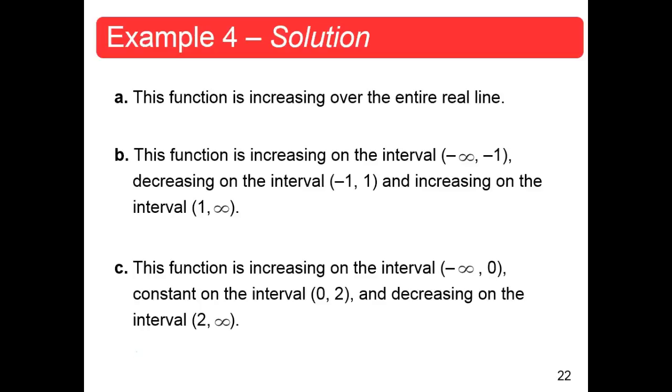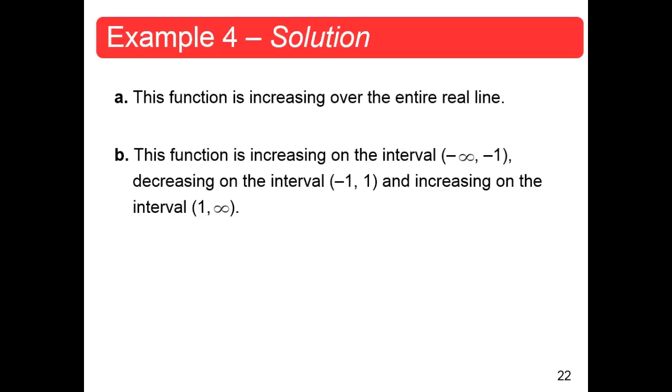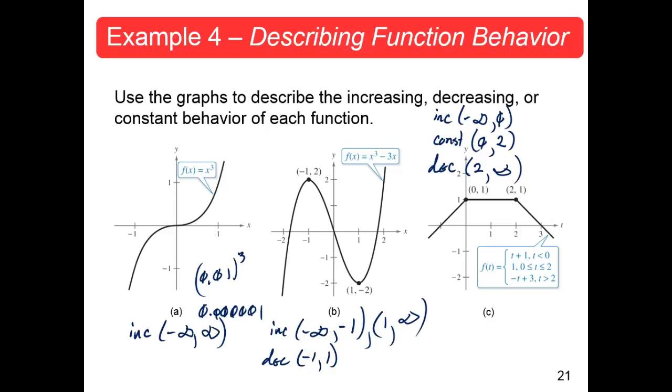Now when you're doing a piecewise defined function, like they did back here, here you would need brackets. This would be negative infinity to 0 parentheses. This would be 0, comma 2, bracket. And this would be parentheses 2, comma infinity, parentheses.